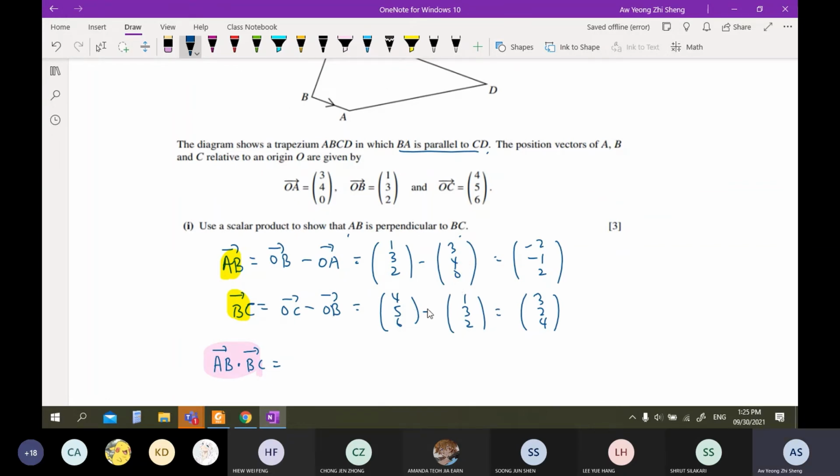Right. AB.BC is (-2, -1, 2) dot with (3, 2, 4). It is -6 - 2 + 8, and you get 0.